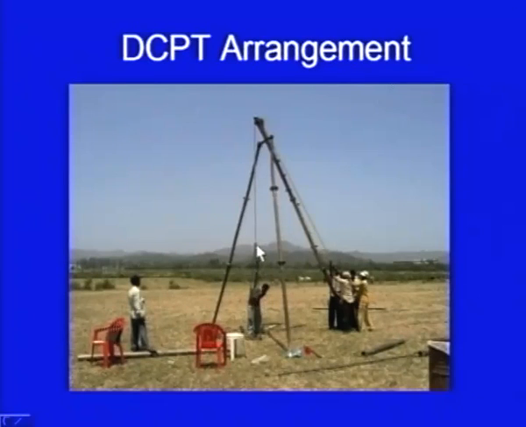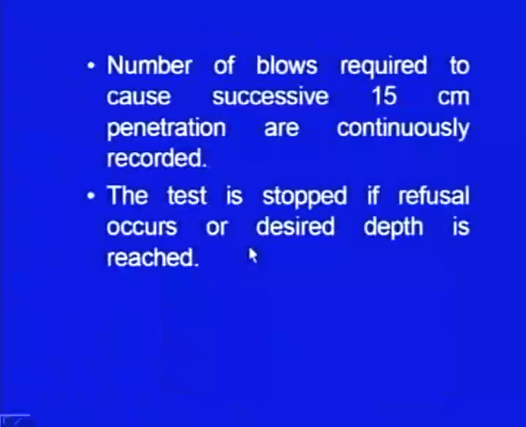The hammer is lifted to the standard height, then it is allowed to fall, and on the drill rod markings are made at 15 centimeter, and we keep on counting the number of blows required for every 15 centimeter interval. As I told you, the number of blows required to cause successive 15 centimeter penetration are continuously recorded, and the test is stopped if refusal occurs or the desired depth is reached.